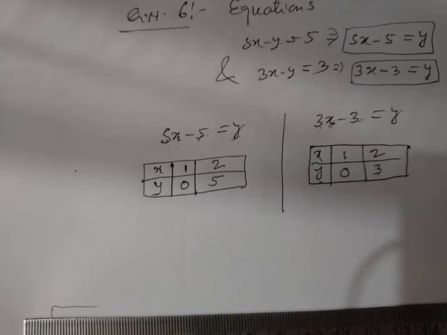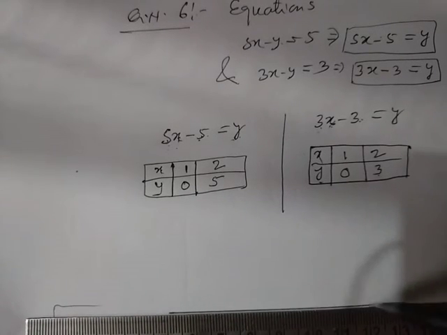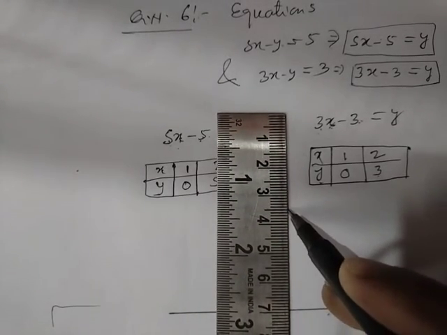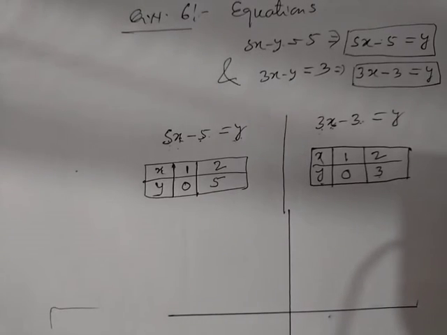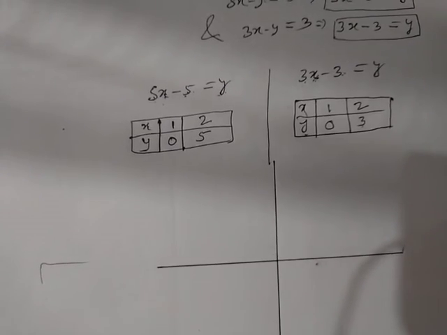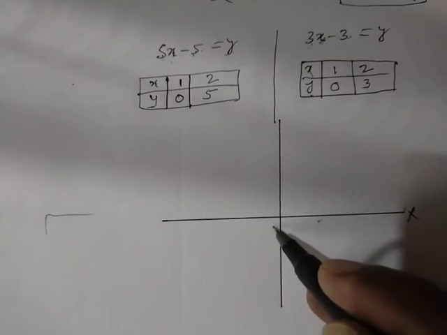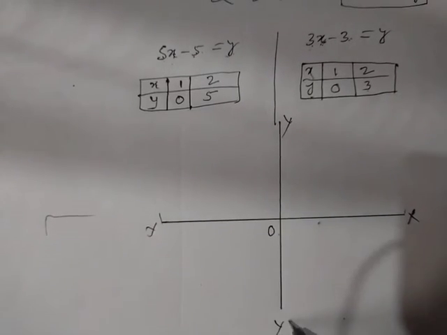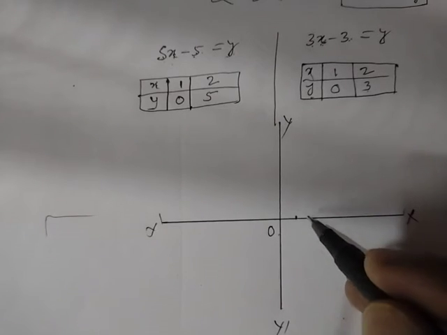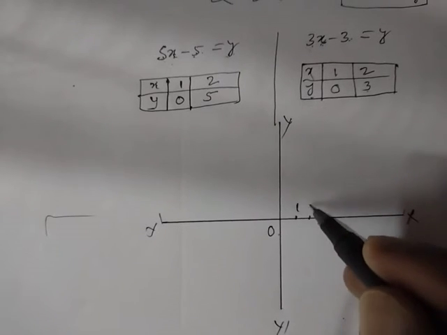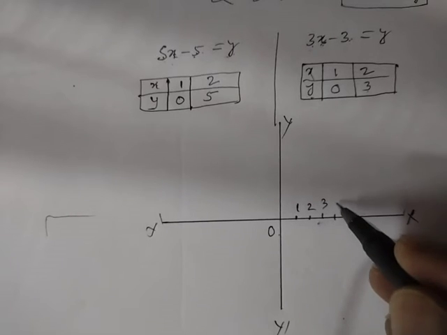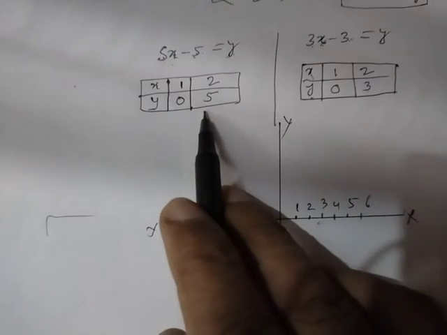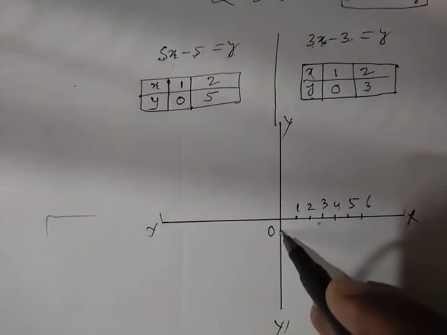Student, you see, you put here x'ox, y'oy. Now you see 1 2 3 4 5 6, because up to 5 is there, so no need to extend more.